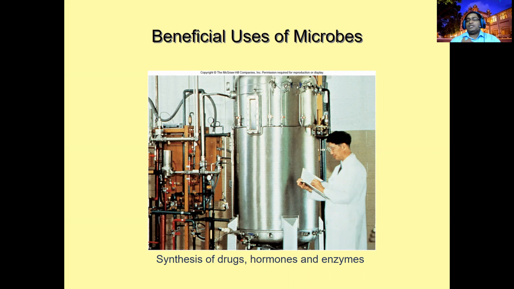Nowadays we are using it as insulin. Certain people, certain hormones will not be produced, right? Especially thyroid hormones, it will not produce. So you need to give an extra administration, oral administration or intravenous injection. That's what all these enzymes and hormones are produced by the microorganisms.